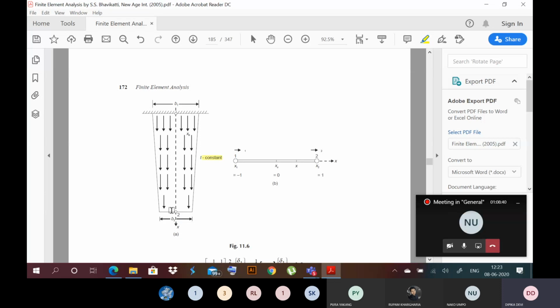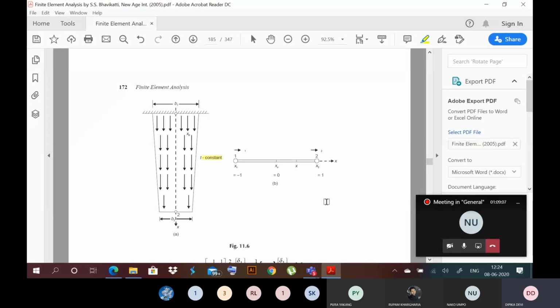Then the variation of B can be handled using the shape function, the variation of the displacement. Understood? So here in a two-noded bar element, we know the shape function varies linearly: 1 at node 1, 0 at node 2, that is the variation of N1. Similarly for N2, 1 at node 2 and 0 at node 1. That is the variation of shape function N2.